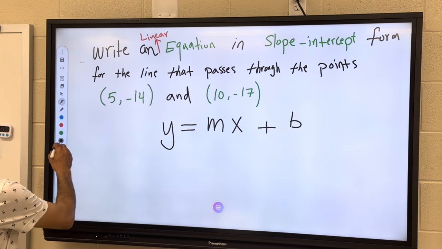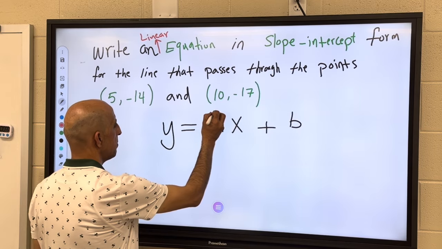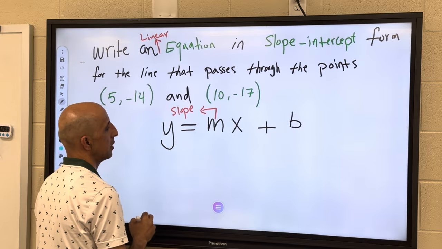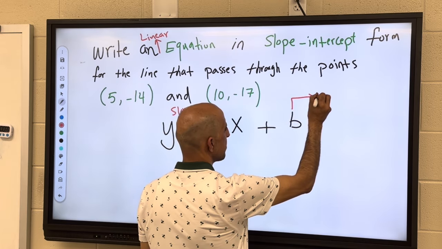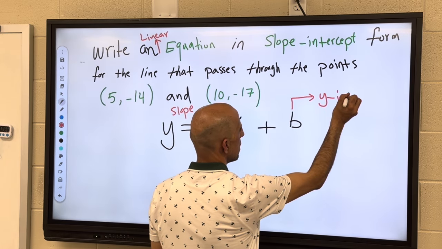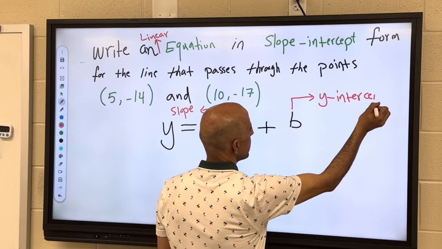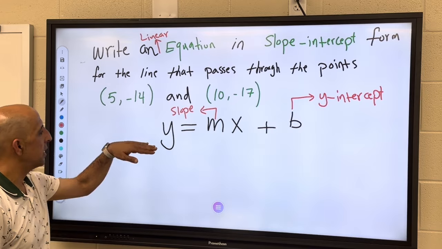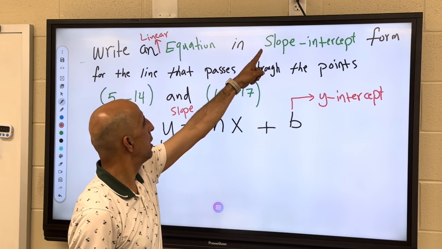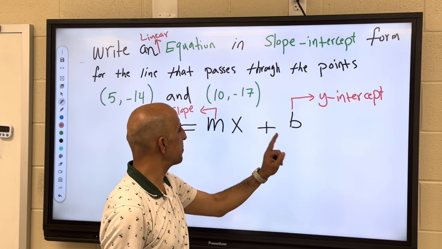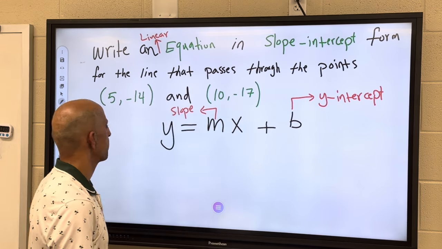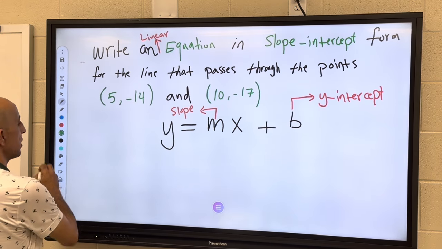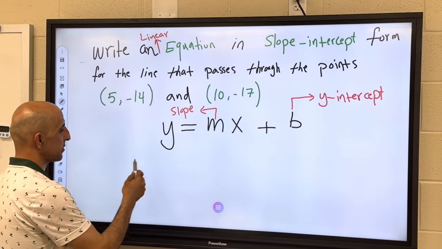So remember that m represents the slope, and b represents the y-intercept. That's why we call this form the slope-intercept form. To find the answer for this question, we need the following steps.